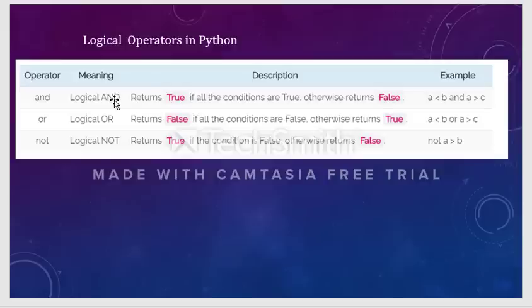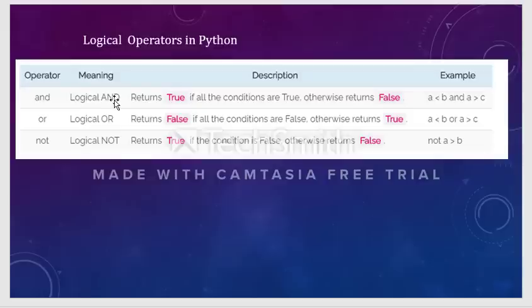You might have learned this, as I gave some table format while explaining the C programming concepts. So logical AND, logical OR, logical NOT. Logical AND means if both values are true, then the result will be true, and if any one of the conditions is false, the result will be false.